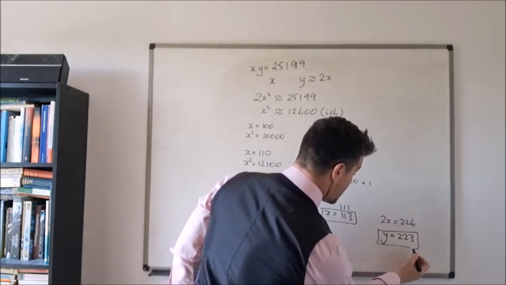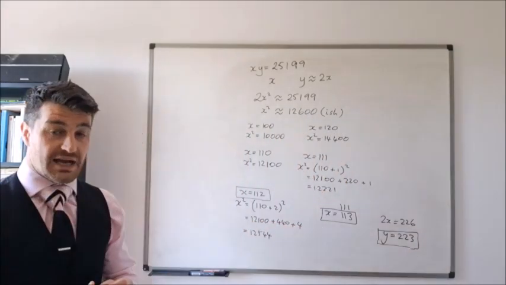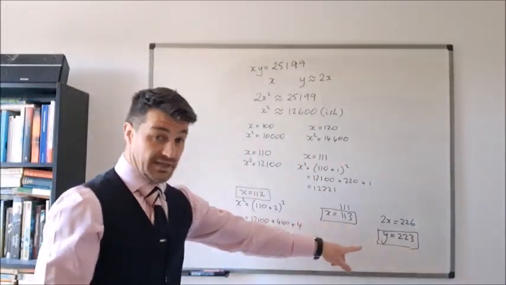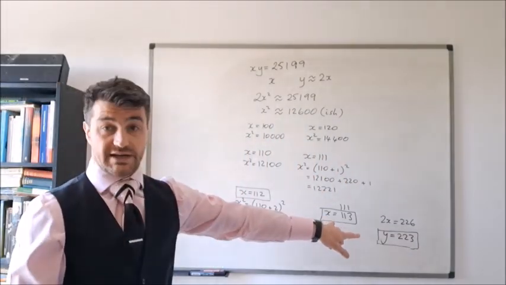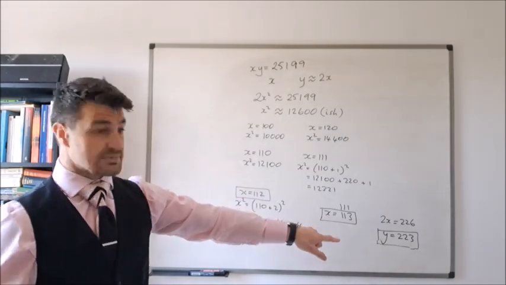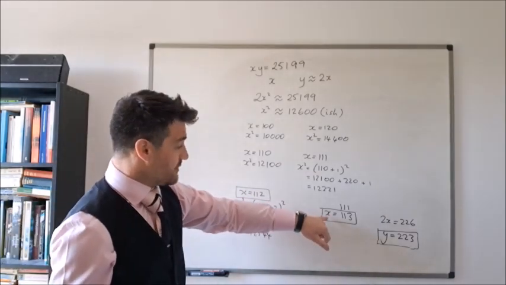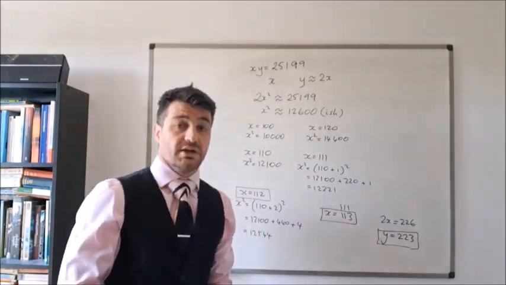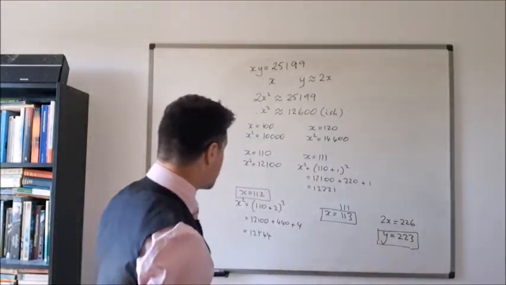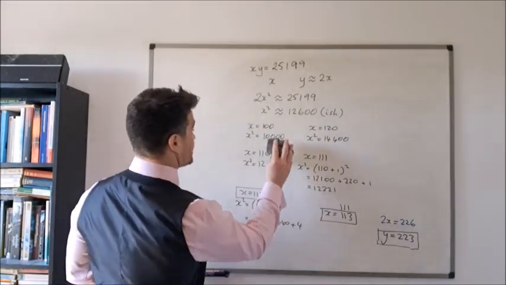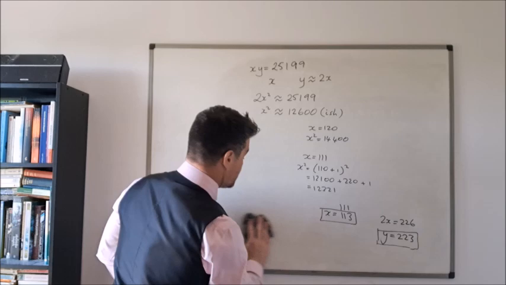Now, I don't know whether these are the two numbers that I need. The only way for me to find out is to actually try them, to see what happens when I multiply 113 by 223. So let's find out. Let me clear some space here.